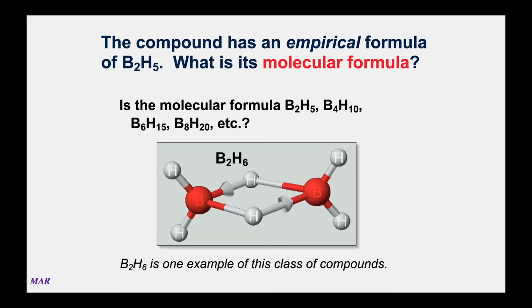B₂H6 down there, a picture of it, is an example of one of the compounds that happens between boron and hydrogen. Notice, if you're tricky, that there's a weird arrow going from the hydrogen to the boron right there, and another kind of arrow going from the hydrogen to boron right there. Boron is a group 3A element, and I'm going to call all the 3As, as I said earlier, twisted metals.